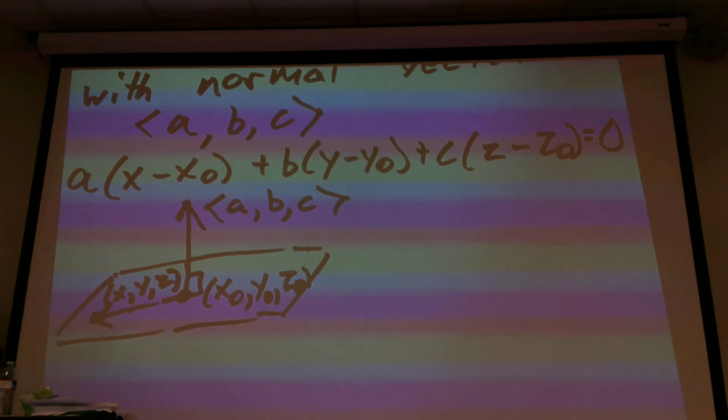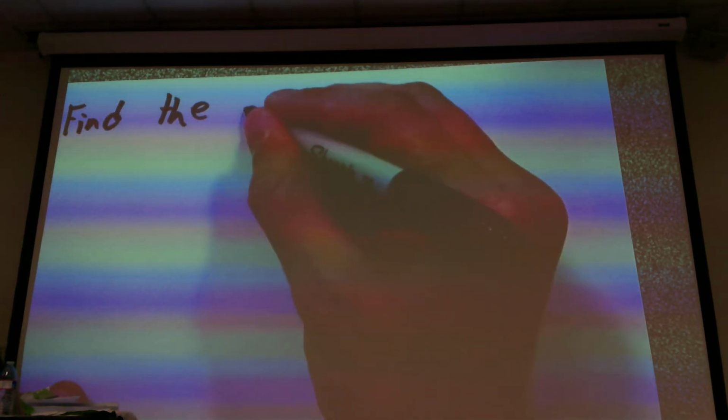So let's figure out a plane. Let's say find the equation of the plane.